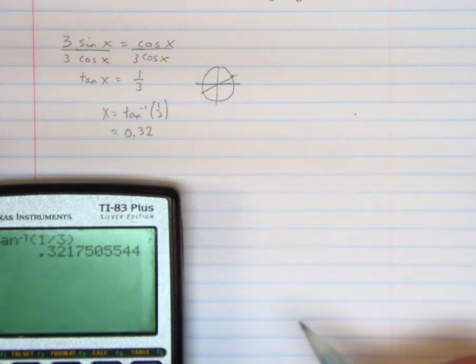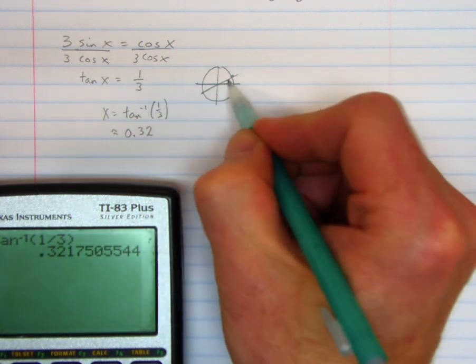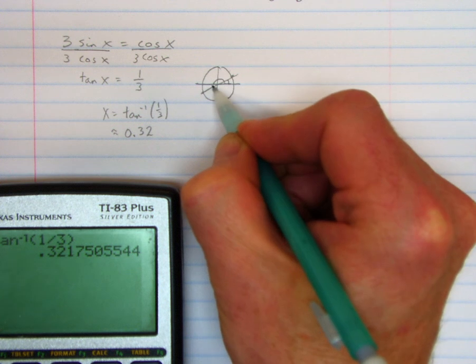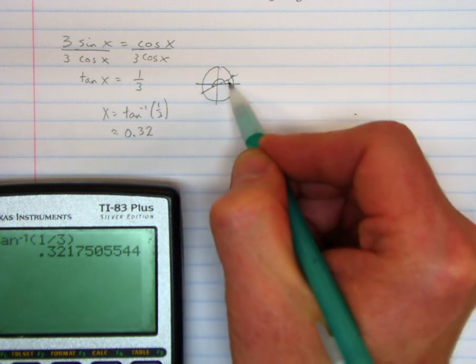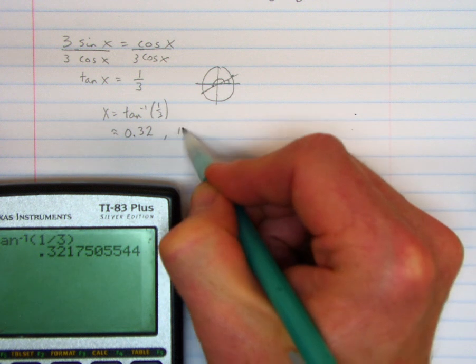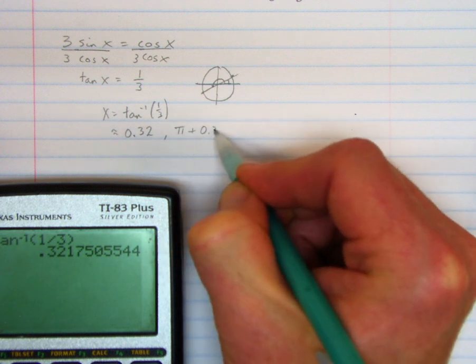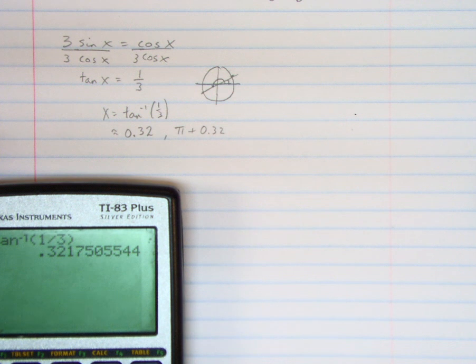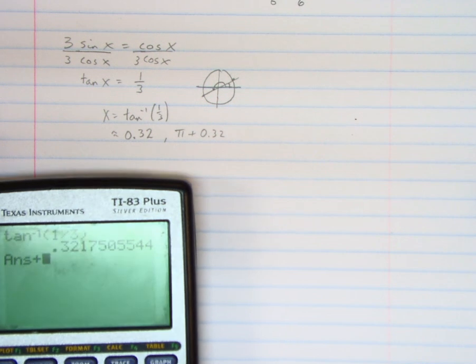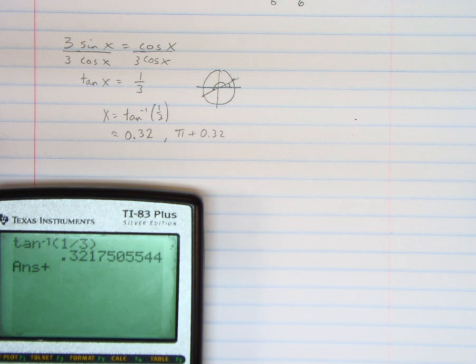That gives us our first angle, and how do we get the second angle? Well, we can see that there's this line plus the angle we have. So we're going to take pi plus 0.32. And instead of using just 0.32, we're going to use all of our decimals on the calculator. So we just hit plus, and you see how it shows up, answer plus. And now we can say the pi button.